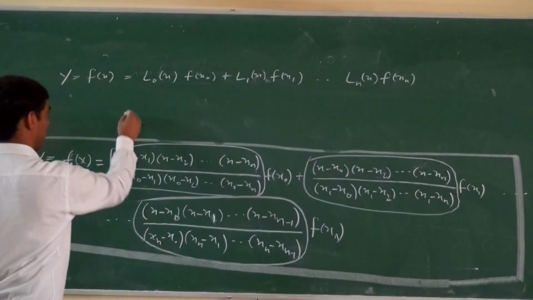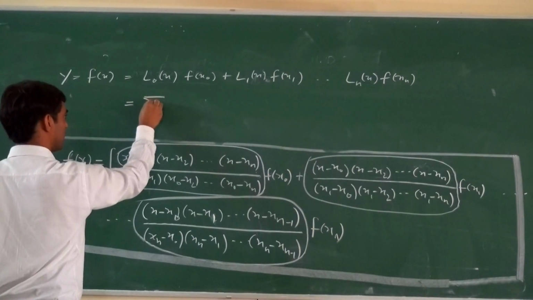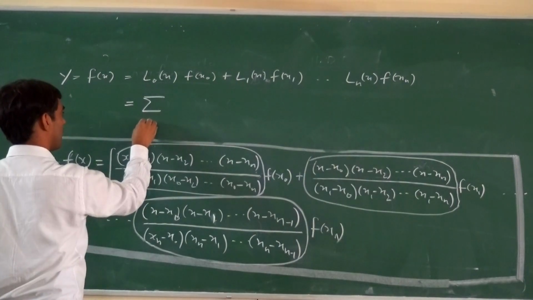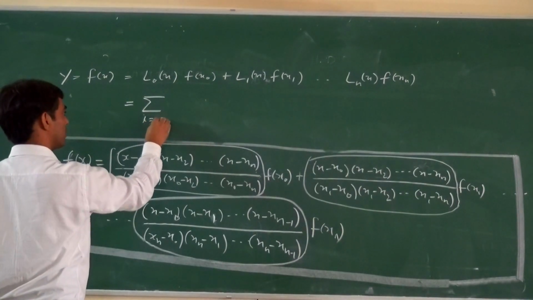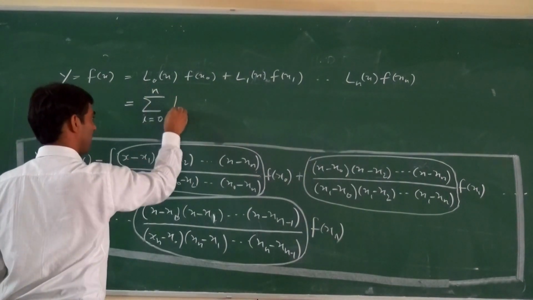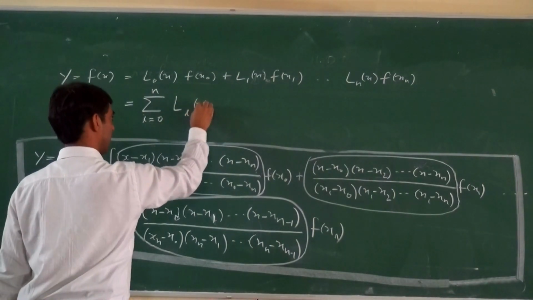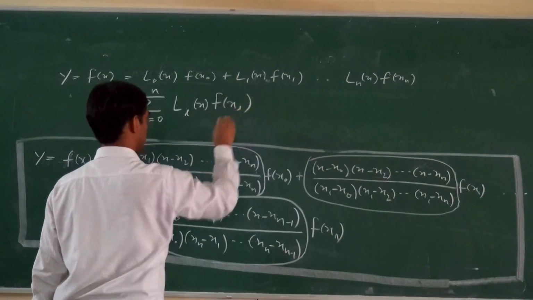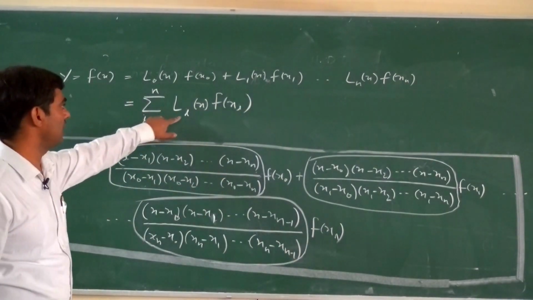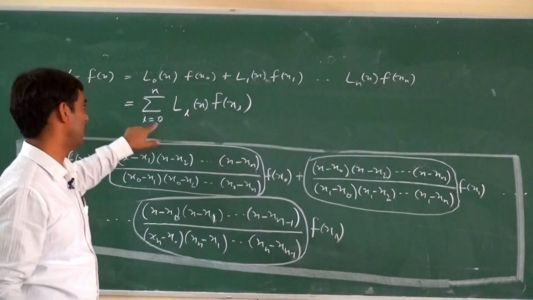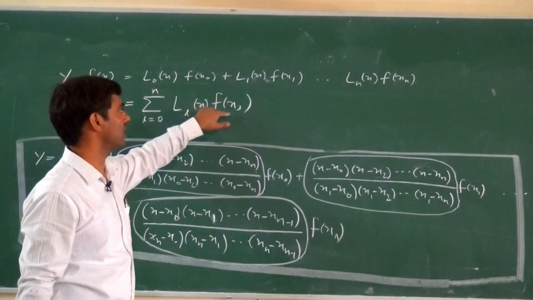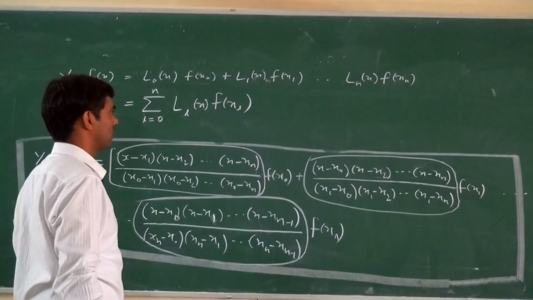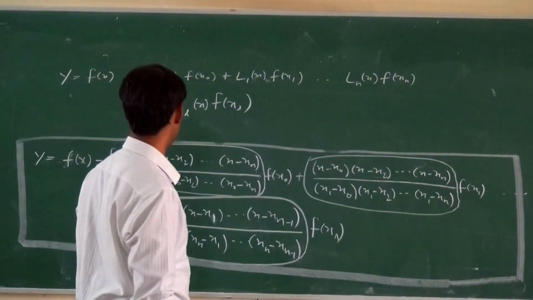Written as a summation, this is the sum over i equal 0 to n of Li(x) f(xi): at i equal 0, L0(x) f(x0); at i equal 1, L1(x) f(x1); L2(x) f(x2) up to Ln(x) f(xn).